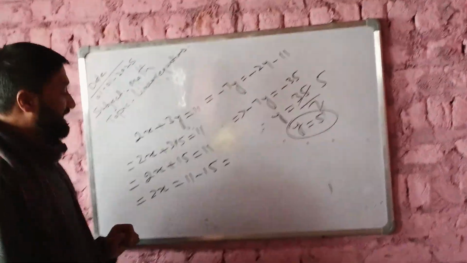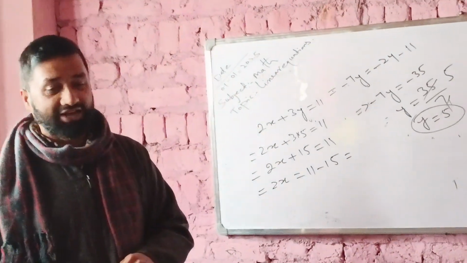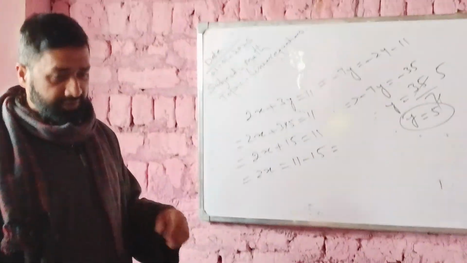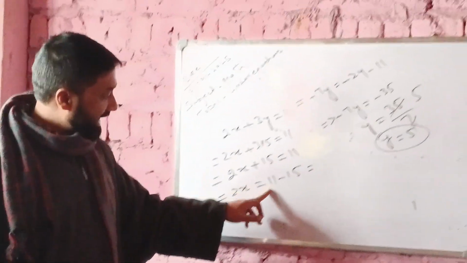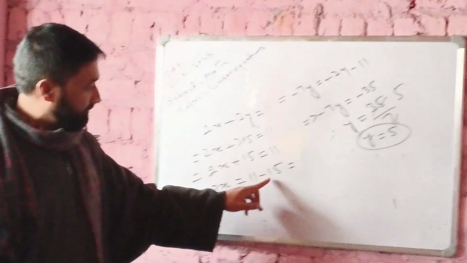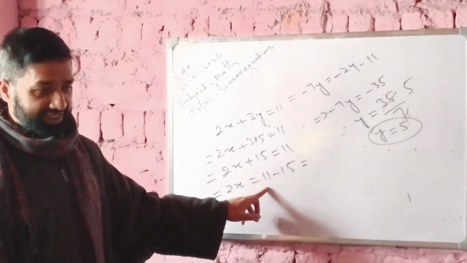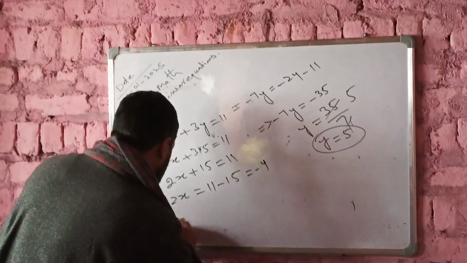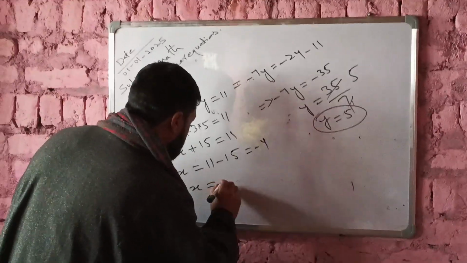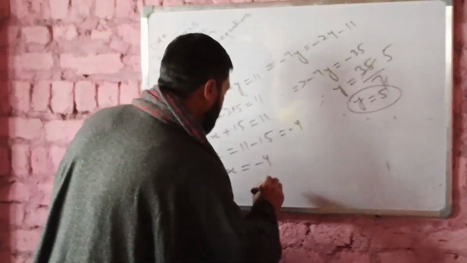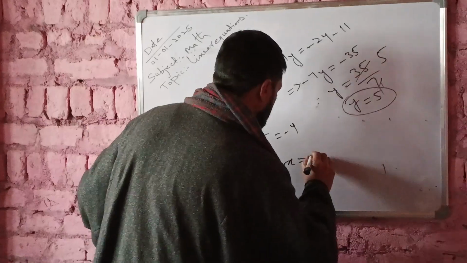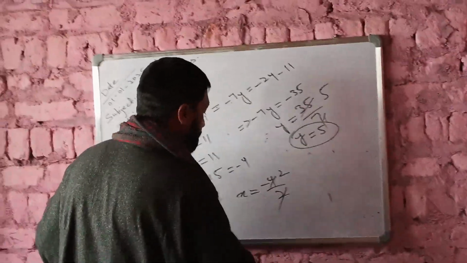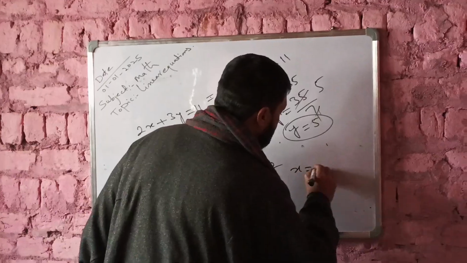When we subtract 15 from 11, bear this point in mind. What should be the result? Minus 4. So 2x is equal to minus 4 and x is equal to minus 4 by 2. 2 ones are 2, 2 twos are 4. So the value of x is minus 2.